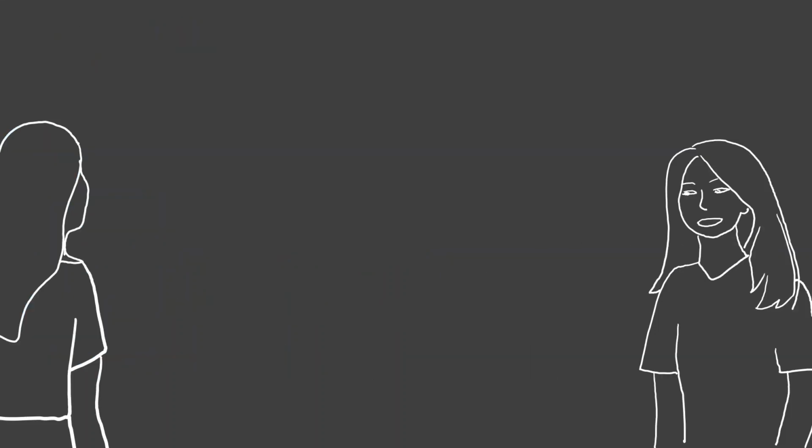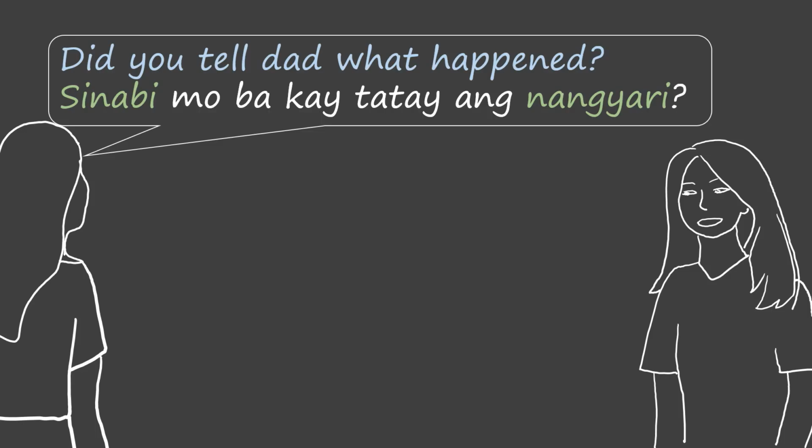Here is another example. Did you tell Dad what happened? Sinabi mo ba kay tatay ang nangyari? Did tell, sinabi. You, mo. And we have ba because we are asking a question. Dad, tatay. Happened, nangyari.